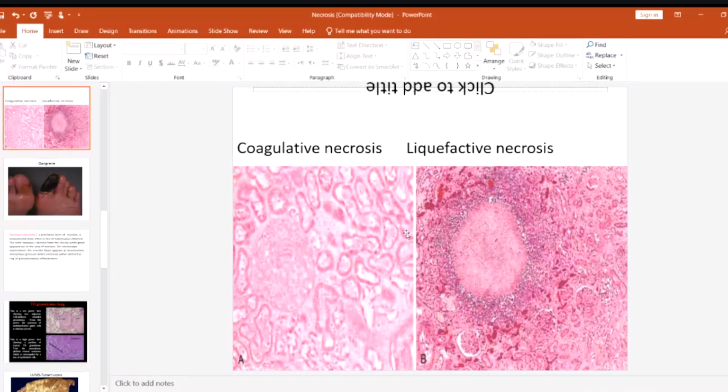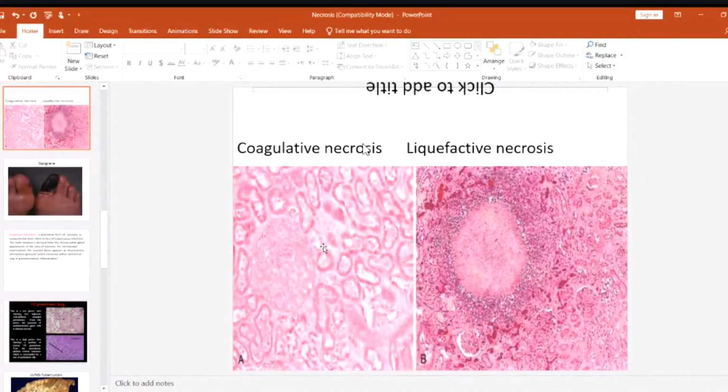Now here we have two patients. This is patient A and this is patient B. Now how do I know this kidney is coagulative necrosis?